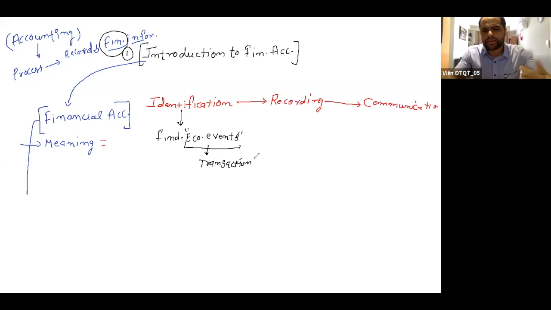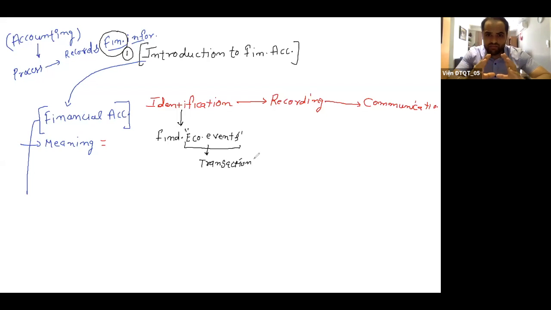Now, what are examples of transactions? A transaction means anything happening in an organization which has a monetary value or monetary impact, such as the company purchasing raw material, money involved; selling products, money involved; selling assets, purchasing assets, borrowing money from a bank, borrowing money from shareholders, selling stocks, paying dividends, right?